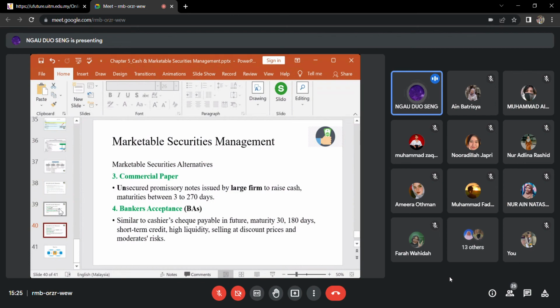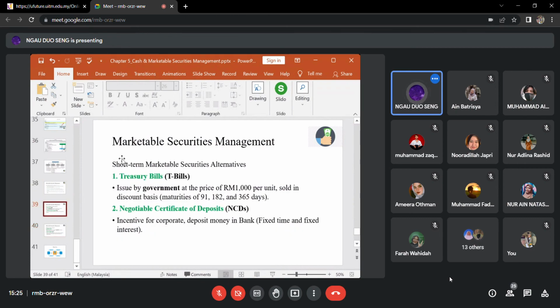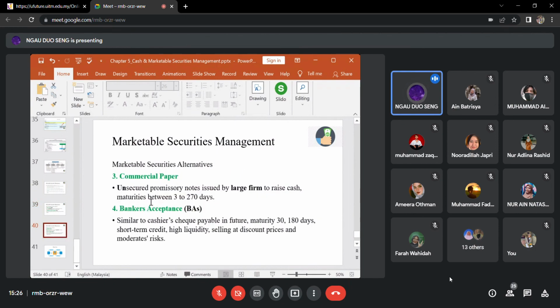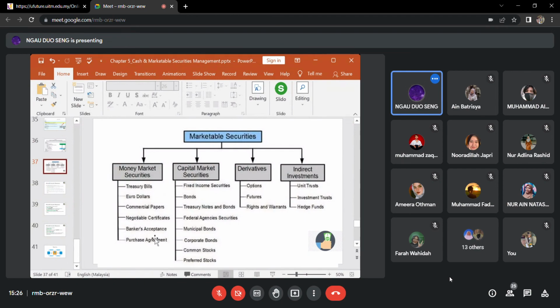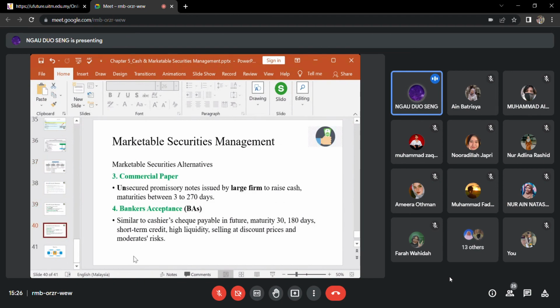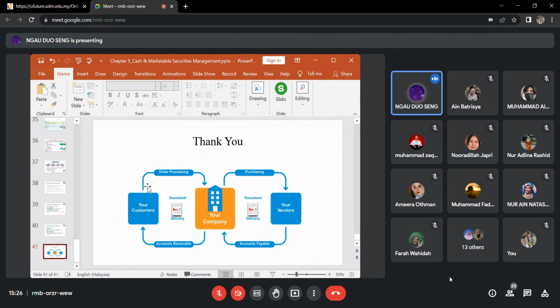So these are examples of short-term marketable security the company can invest in: treasury bill, NCD, commercial paper, banker acceptance. There are actually more, but we just explained 4. So this will be marketable securities.